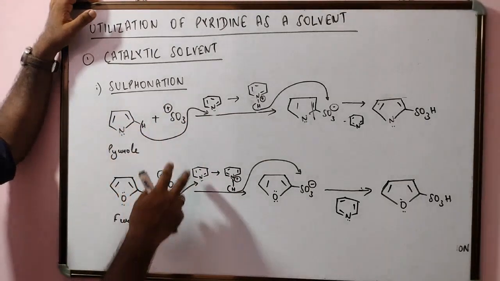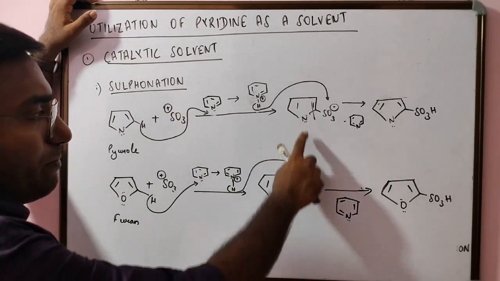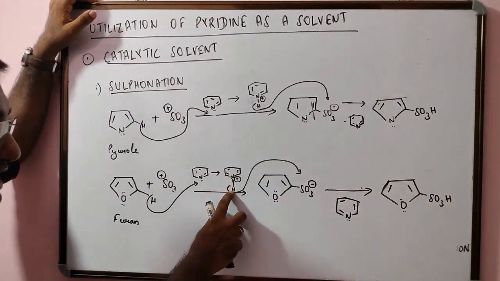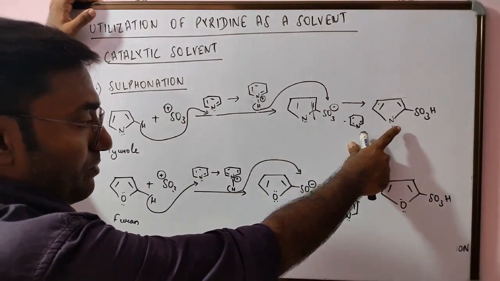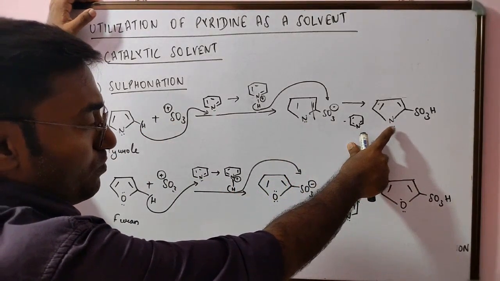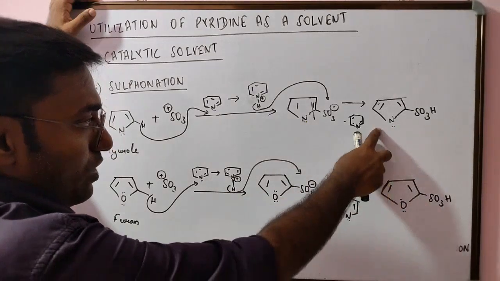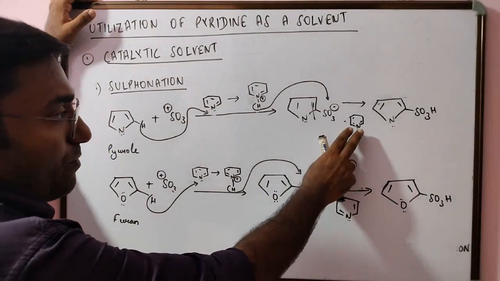In the third step, the attached sulfonyl group in the pyrrole and the furan ring abstracts the hydrogen back from the pyridine to form respective products, which is 2-pyrrole sulfonic acid and 2-furan sulfonic acid. What is notable here is the restoration of pyridine.